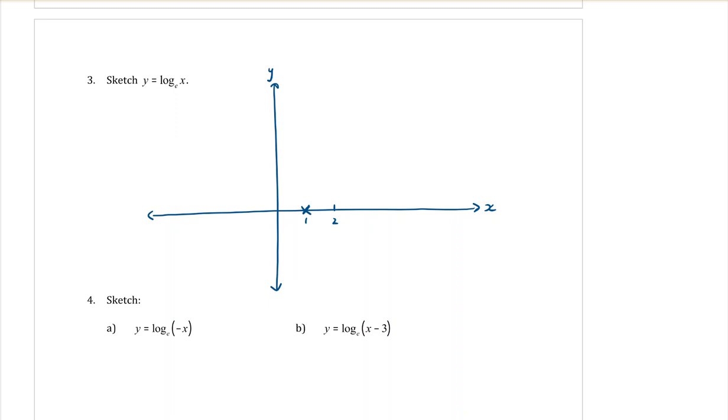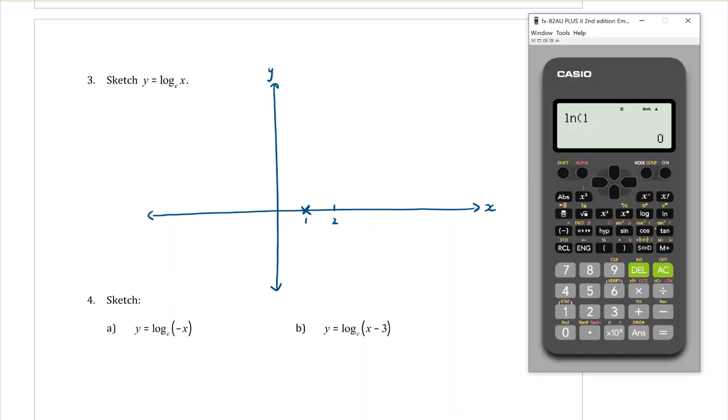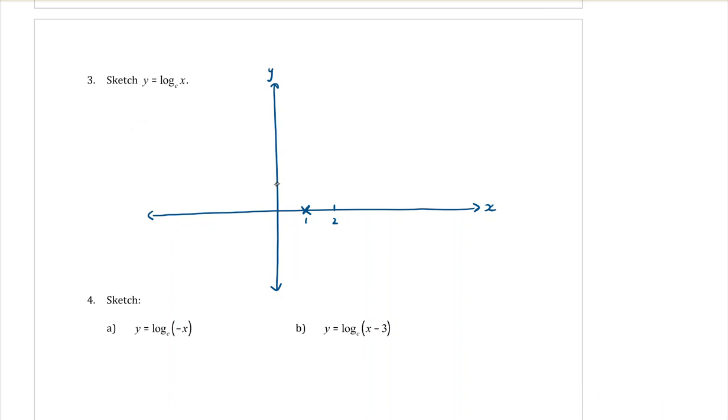If I do the next value there as well, ln of 2, unfortunately it's not a nice whole number, but it is a value. It's 0.7 approximately. So I'm going to put that on here. I'm going to label that point as 2, and I'm not going to put the decimal number in. I'm going to keep it as an exact form, which is ln of 2.